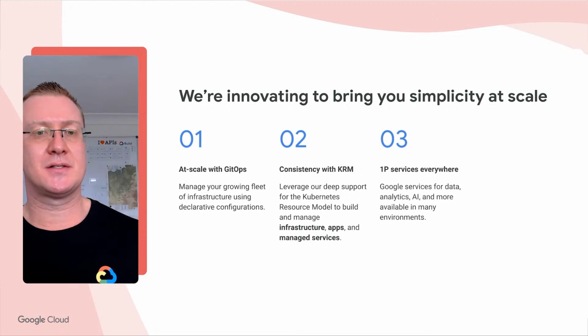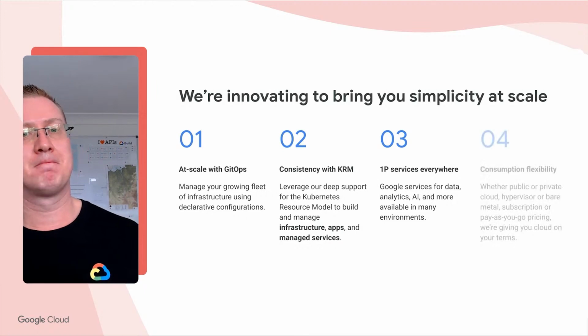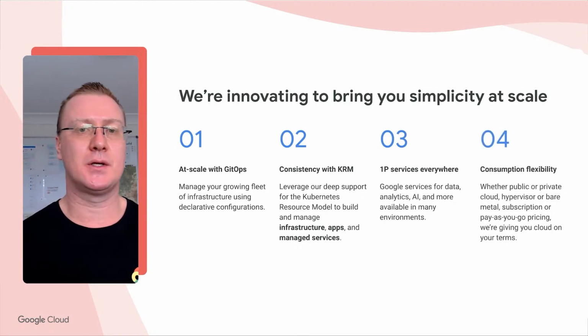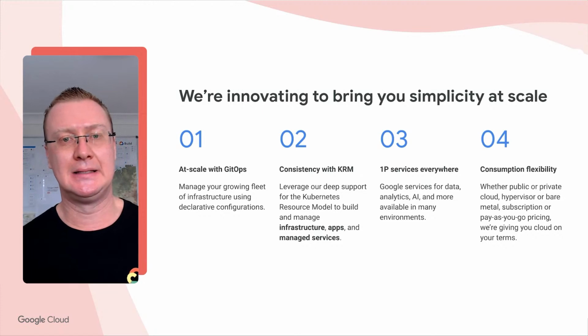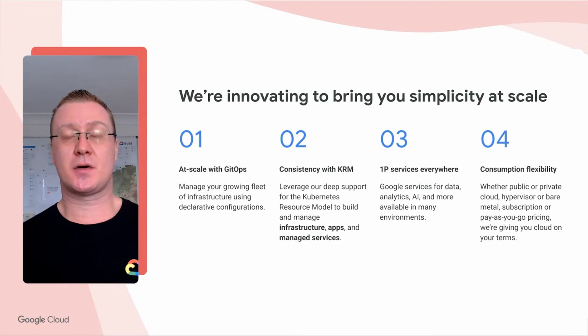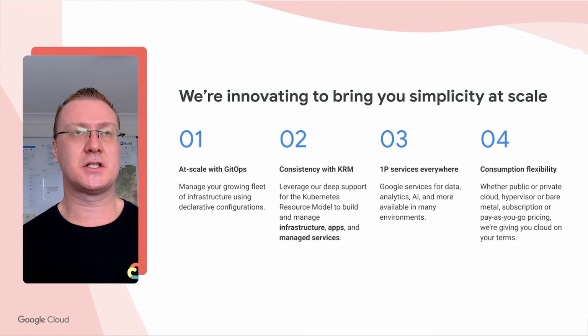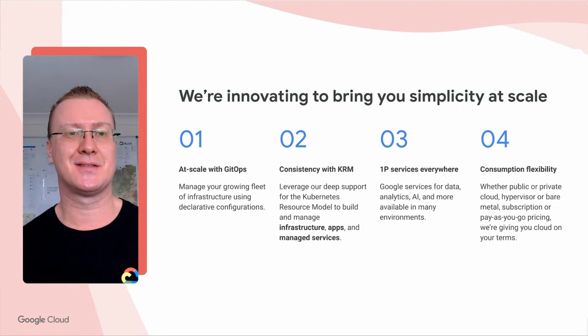First-party services everywhere: Google services for data, analytics, AI, available in all of your environments. And then lastly, consumption flexibility, whether it's public or private cloud, hypervisor or bare metal, subscription or pay-as-you-go. We're essentially giving you cloud on your terms.